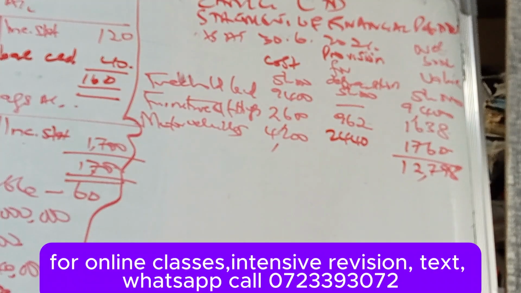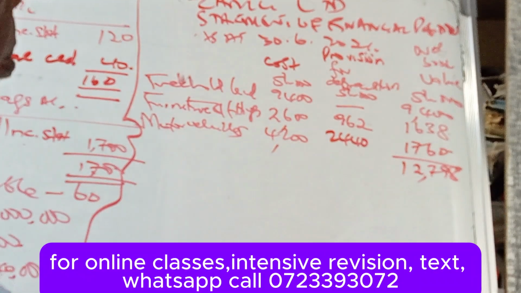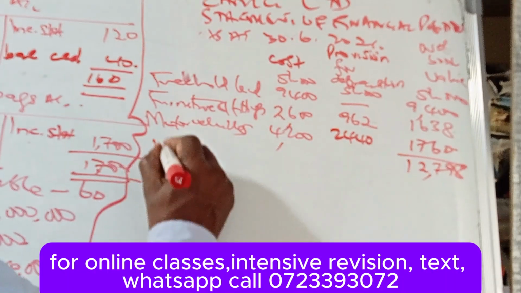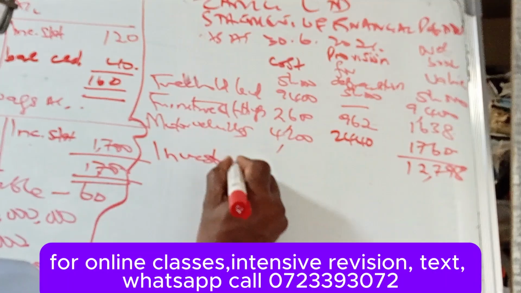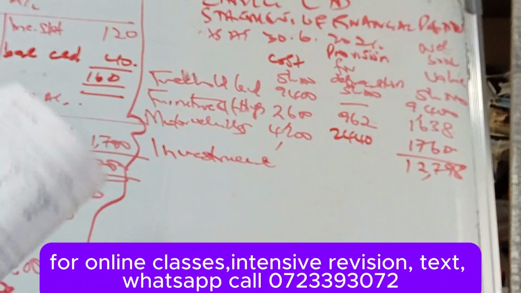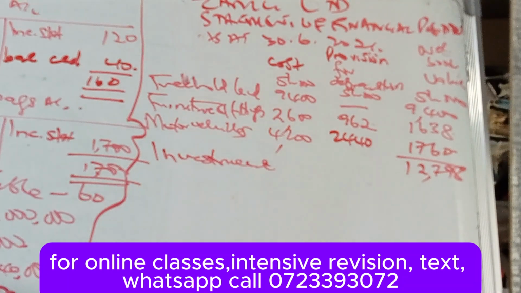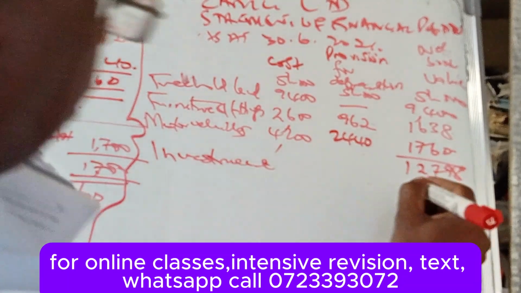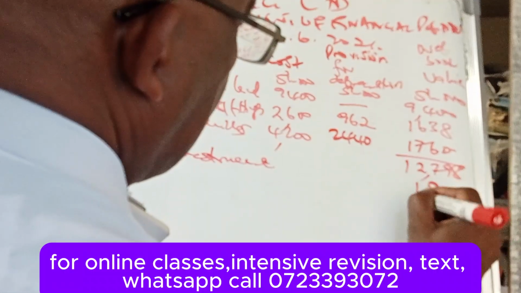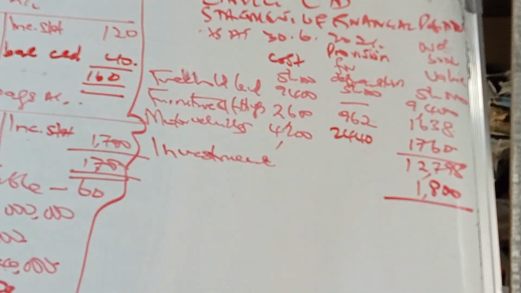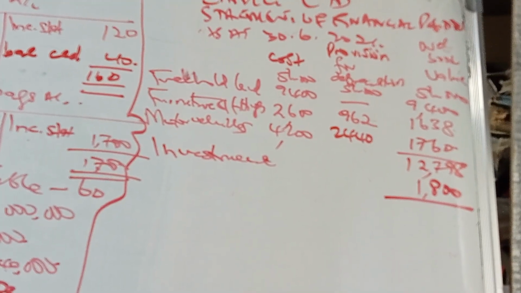And these are total property, plant, and equipment, the tangible assets. But we know we have an investment that is giving us investment income. The value is 1,800 from the trial balance. If you add now the investment, 1,800, we get a figure of 14,598.